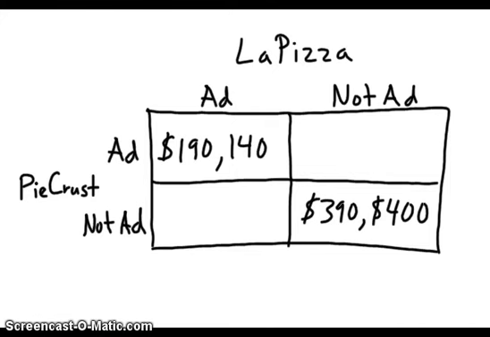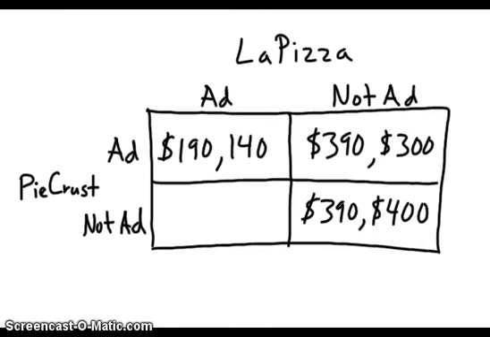So Pie Crust originally had a payoff of 450 in the upper right, but now 450 minus 60 makes their new payoff 390, and the second number was for La Pizza.